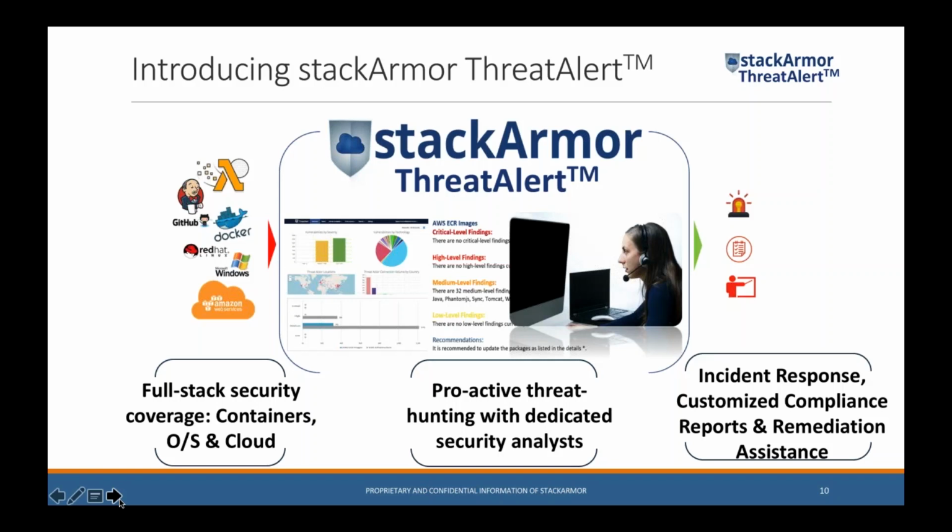We want businesses to focus on their business. And obviously, security is part of the business now, but that doesn't mean that you as a business leader need to worry about security groups. That's where Threat Alert comes in.